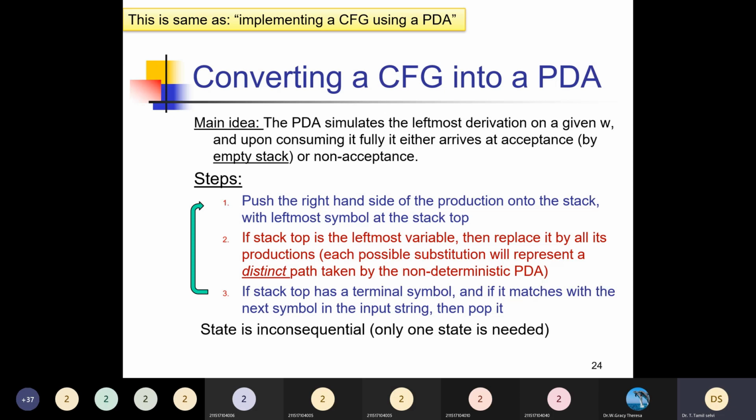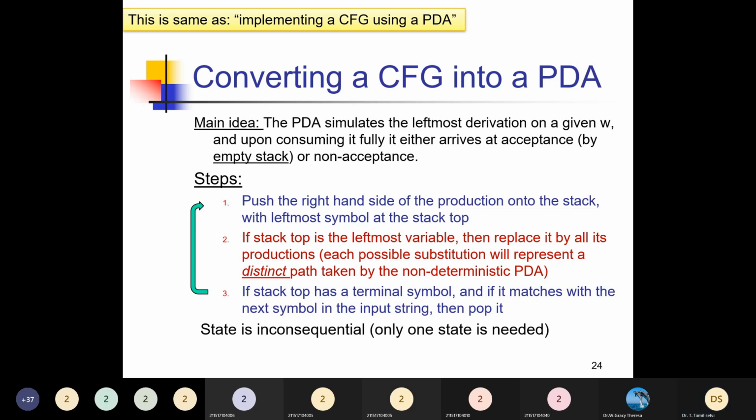We have more than one rule for the leftmost non-terminal. On the left side we have only one symbol capital S, but on the right side we have three different options. In this condition, we have to replace it by all its productions. Each possible substitution will represent a distinct path taken by the non-deterministic PDA.